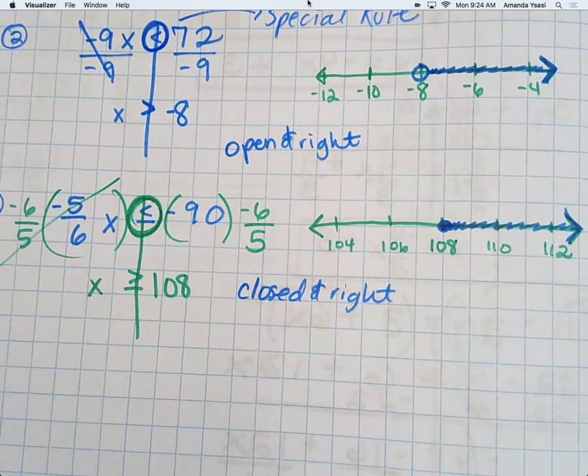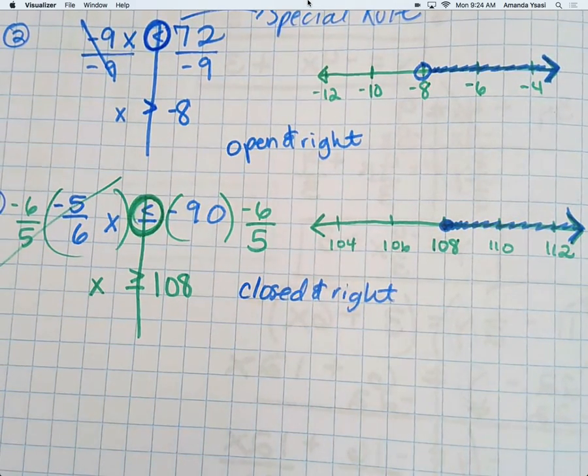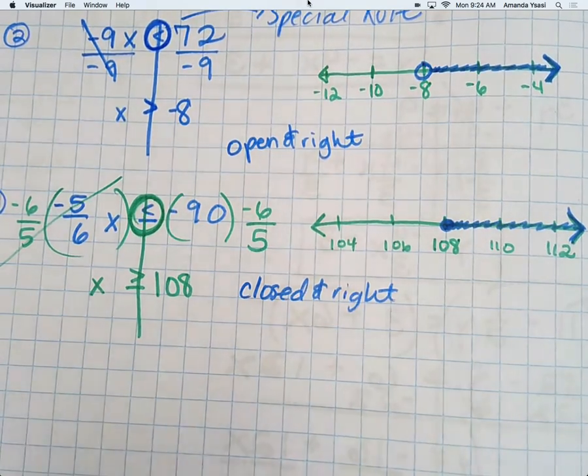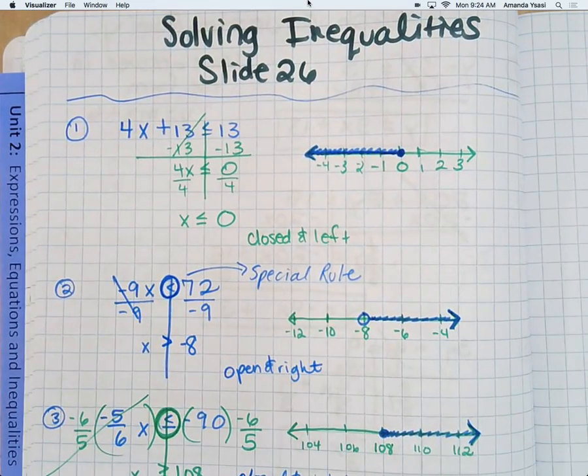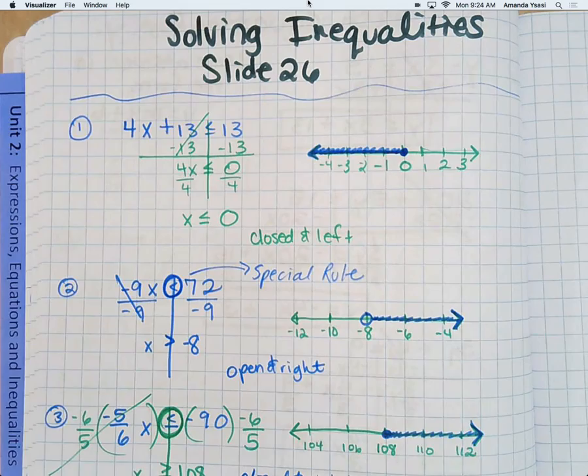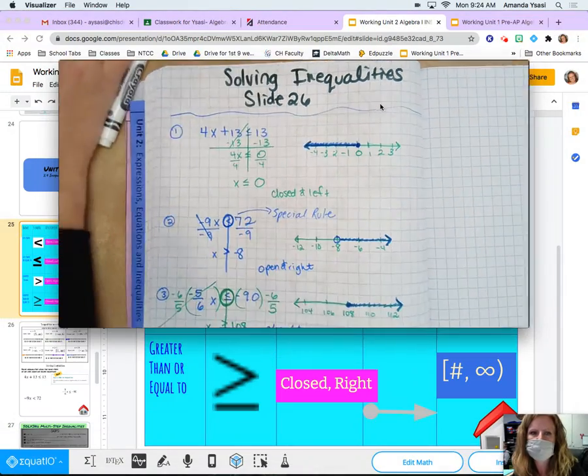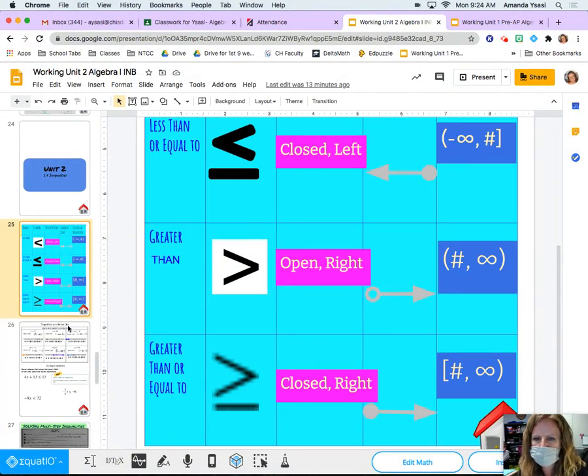Okay, one last thing we need to do on each one of these is do the interval notation. Because we did not do that. So look back at slide 25 to know about interval notation. So it's where you use the bracket if it's or equal to, parentheses if it's less than, greater than, and parentheses also goes on your infinities.